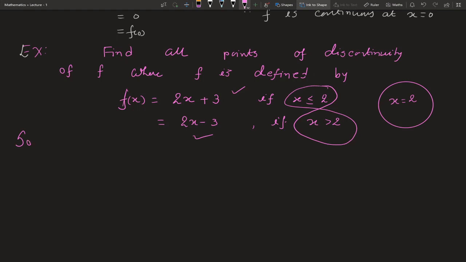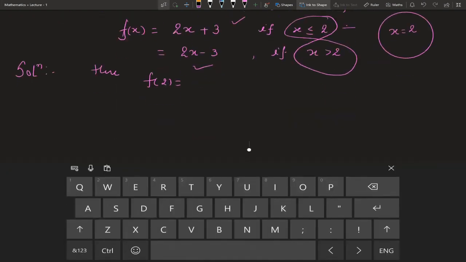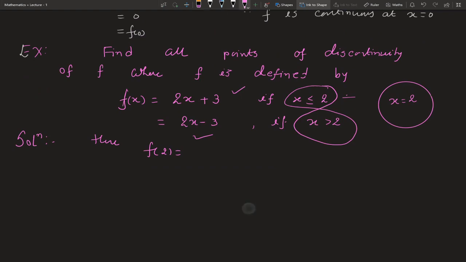So solution, here f of 2, so we have to use this part of the definition. Take x equal to 2: 2 into 2 plus 3, so 4 plus 3, that is 7. Say result number 1.